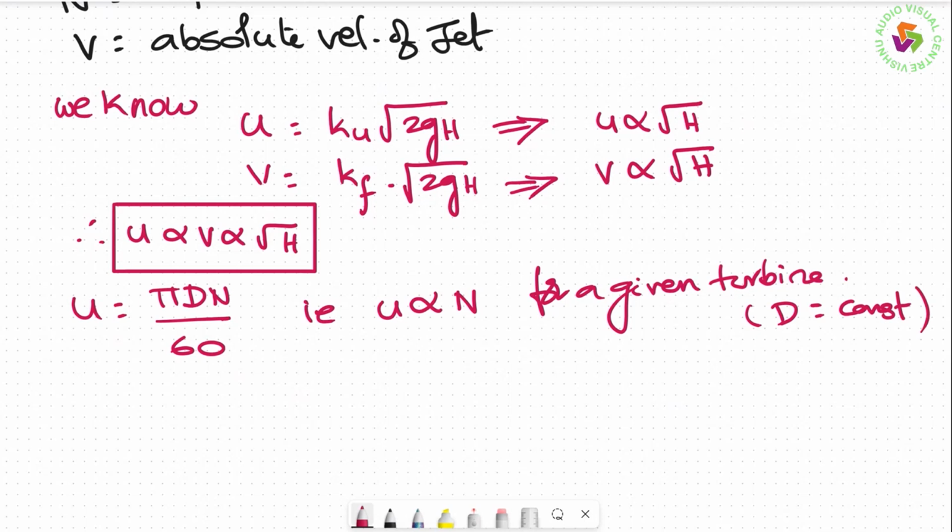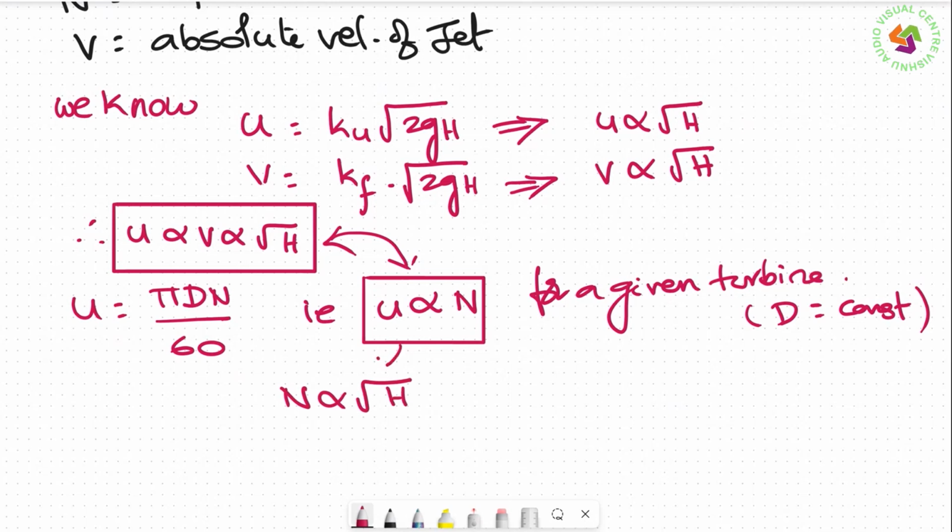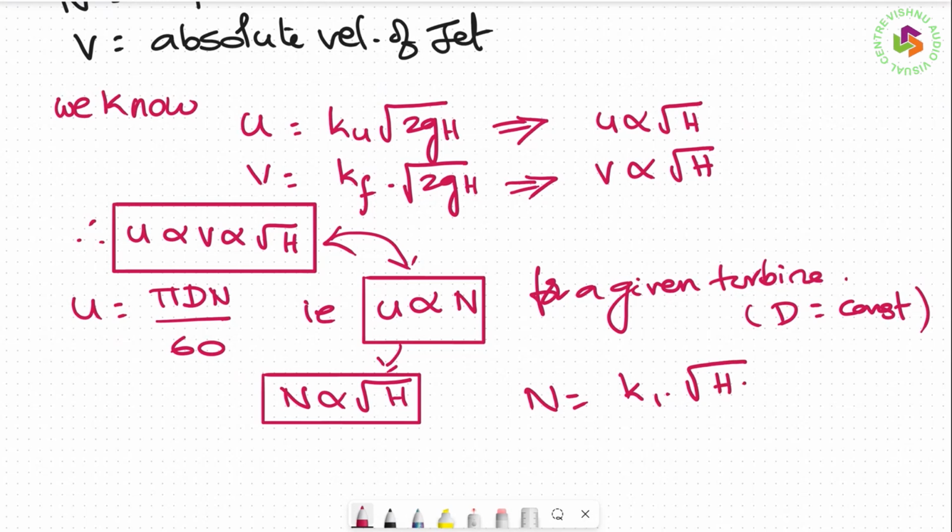Then when U is proportional to N, so naturally if these two you compare it, then N is proportional to root H from these two, right? Then when N is proportional to root H, N is equal to some K1 into root H.